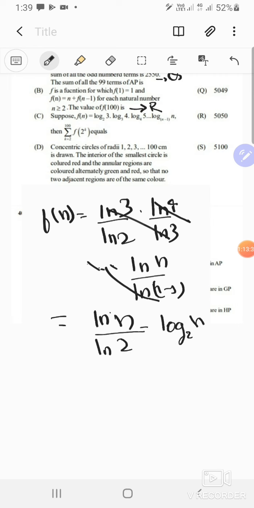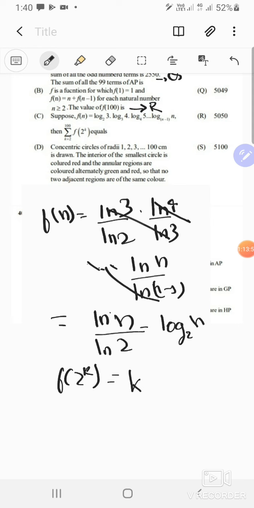That was easy. Okay, so summation of 2 power k. So f of 2 power k is just going to be k itself, no problem. So when you're summing up k from 2 to 100, how many terms are there?